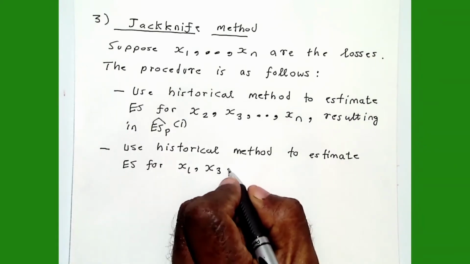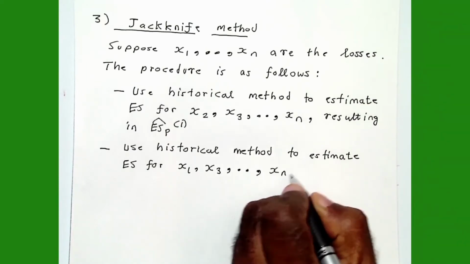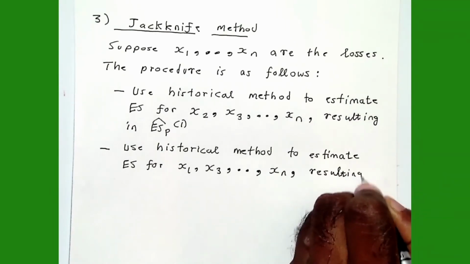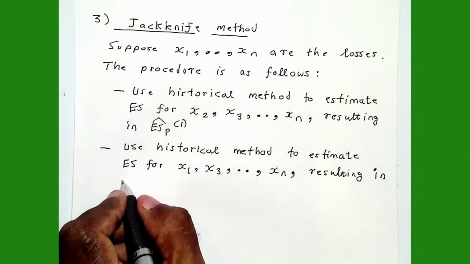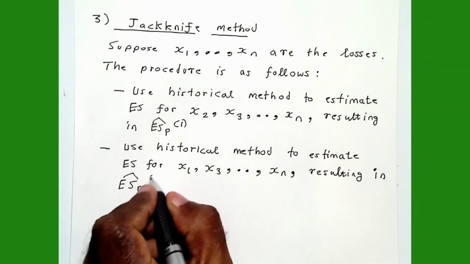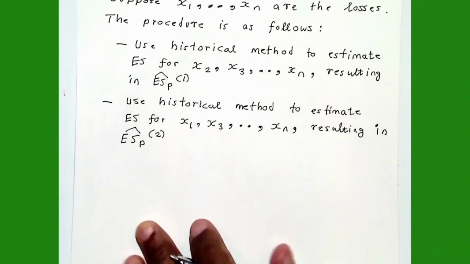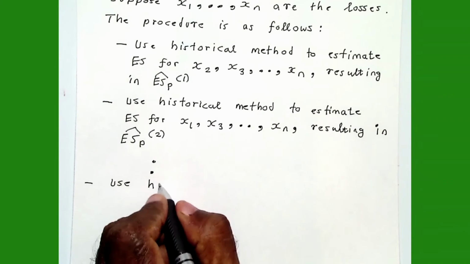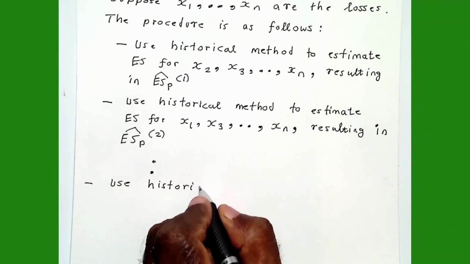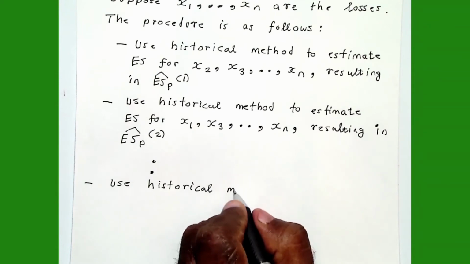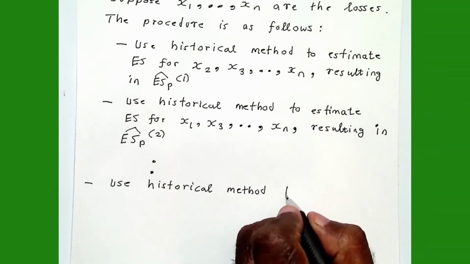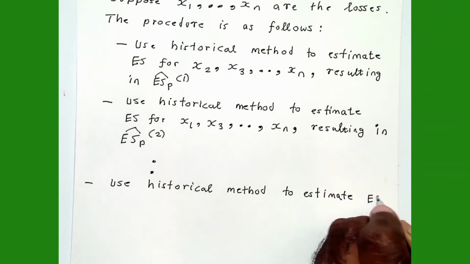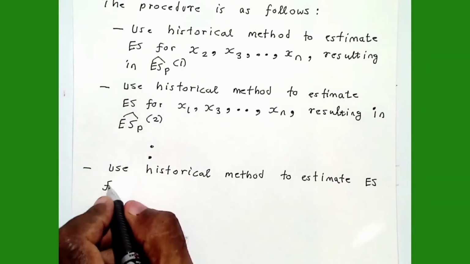So you see here that I'm dropping the second observation, okay, resulting in this estimator ES, okay, and you keep doing that until the last step where you use the historical method to estimate ES for the following data.